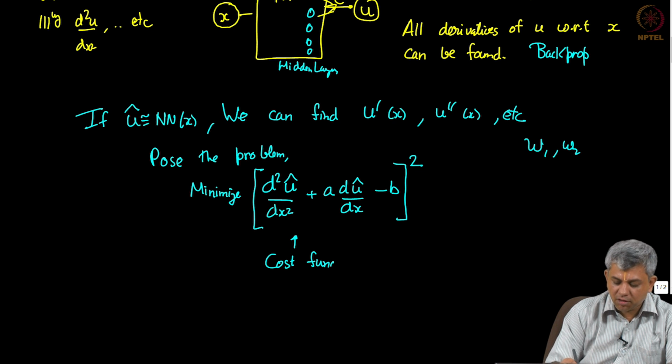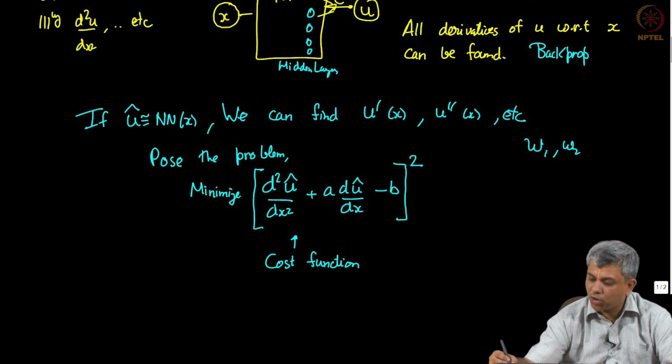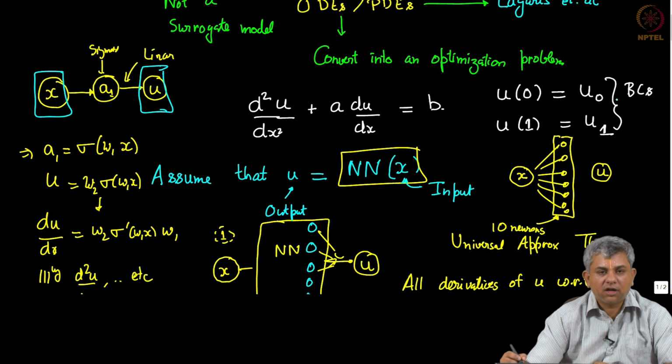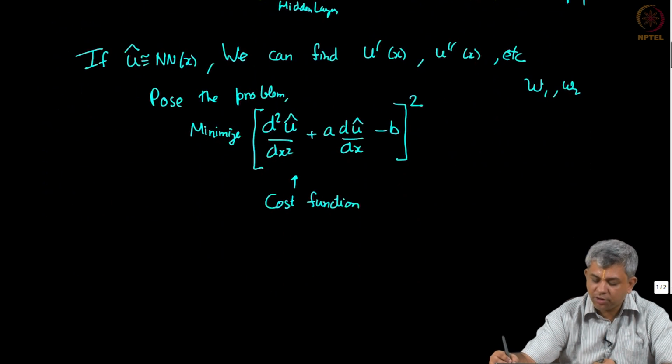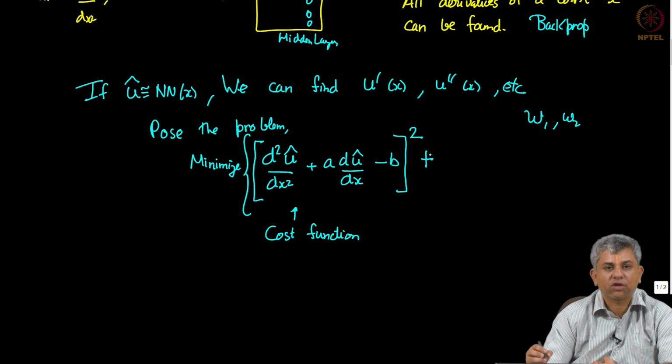But if you have been paying attention so far, you will notice that this is not sufficient, because we have this condition also. What do we do about this? This will just satisfy the ODE, but it will not satisfy the boundary conditions. Turns out that is straightforward also. All you need to do is add that also to the cost. How do you add it?